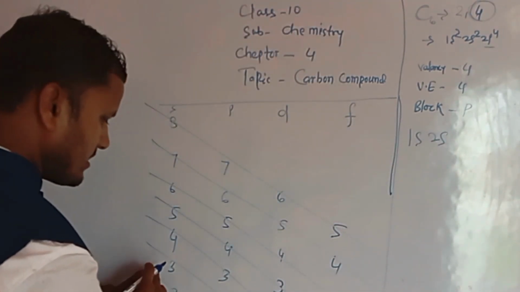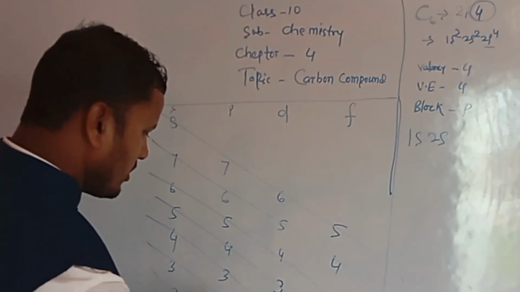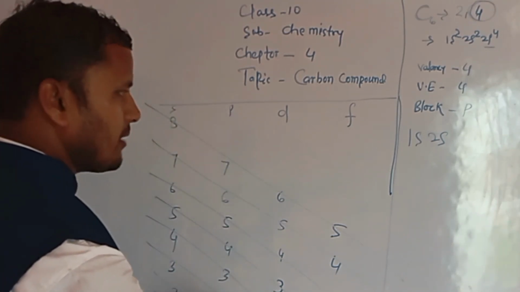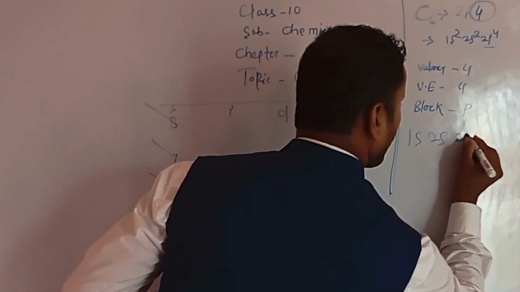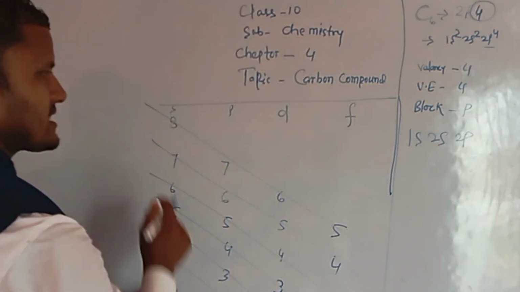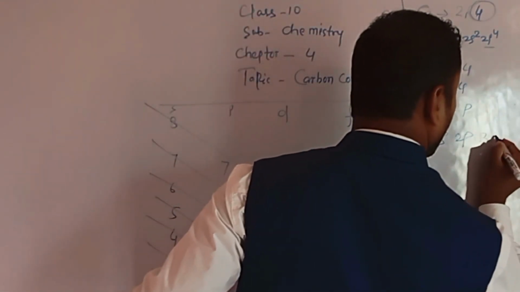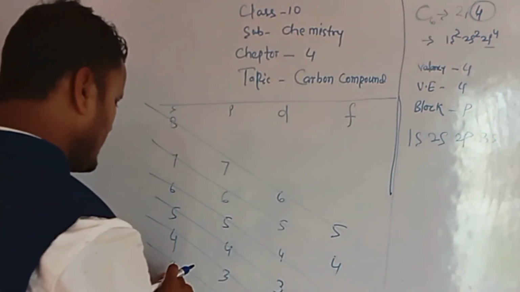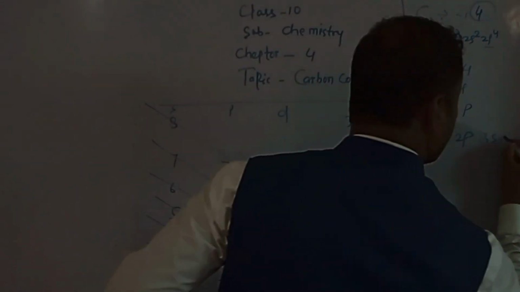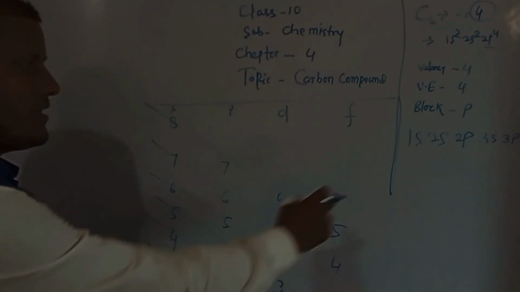After that, head to tail. 2 in which line? This line is P. Then this becomes 2p. After that, 3s. After that, this is 3p. Understand how to write this one?